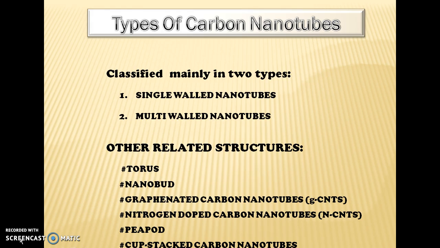Other structures are torus or donut shape, nanobud, and graphenated carbon nanotubes, also known as GCNTs. Nitrogen-doped carbon nanotubes, also known as NCNTs, peapod, just like a pea structure, and cup-stacked carbon nanotubes.